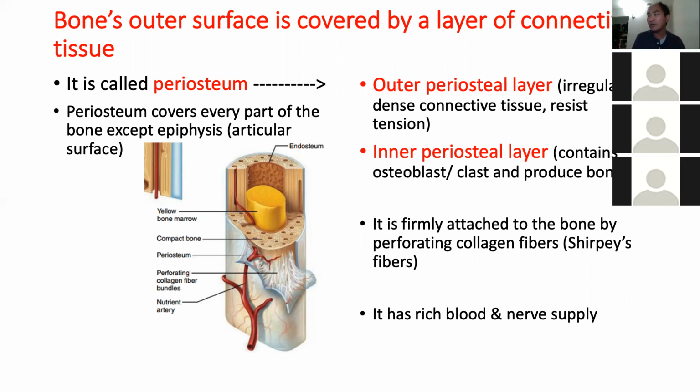You cannot bend it; it is strong enough. The inner periosteal layer has osteoblasts and osteoclasts. Therefore, it is involved in bone formation and remodeling the bone. It is firmly attached to the bone by Sharpey's fibers, and the periosteum is also very rich in blood supply.